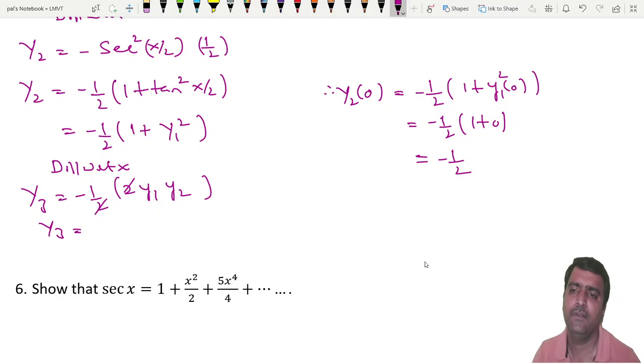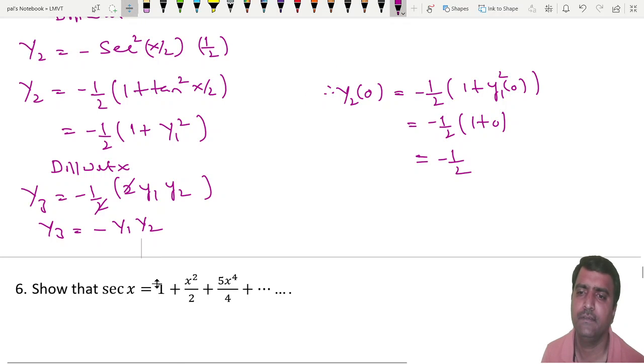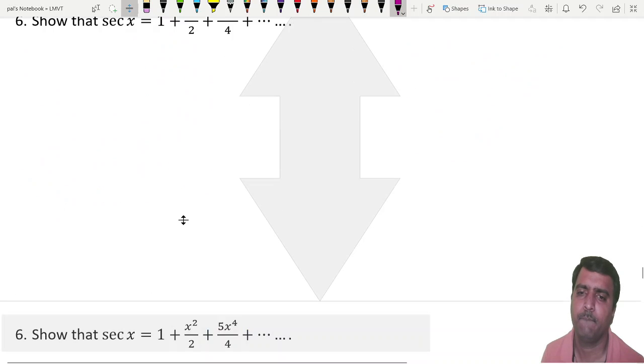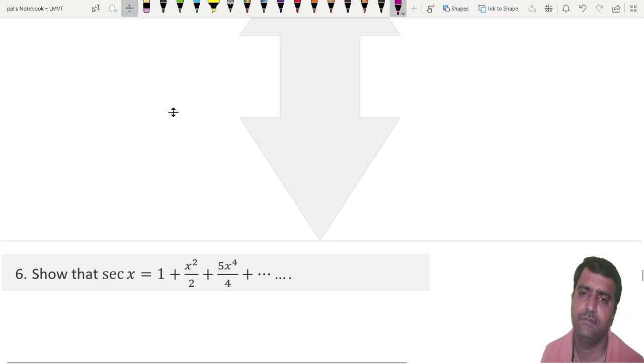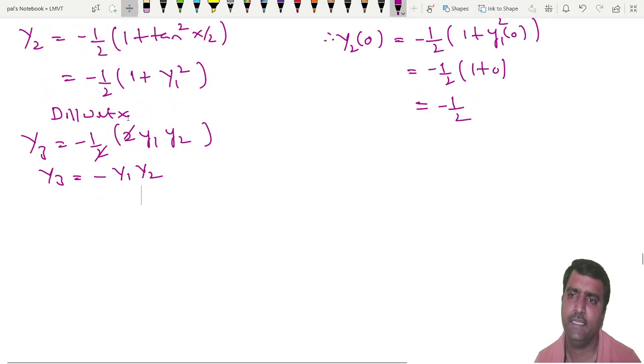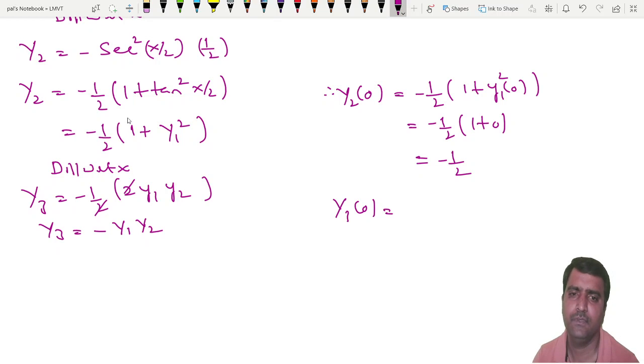So now y3 is equal to minus y1 y2. Calculate the value of y3 of 0. So y3 of 0 is equal to minus of y1 of 0 into y2 of 0. y1 of 0 is 0, so this becomes 0.